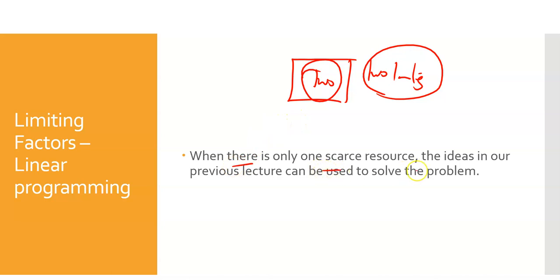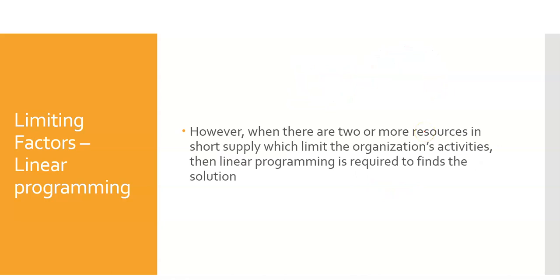When there's only one scarce resource, the idea in our previous lecture can be used to solve the problem. However, when there are two or more resources in short supply, which limits the organization's activities, then linear programming is required.